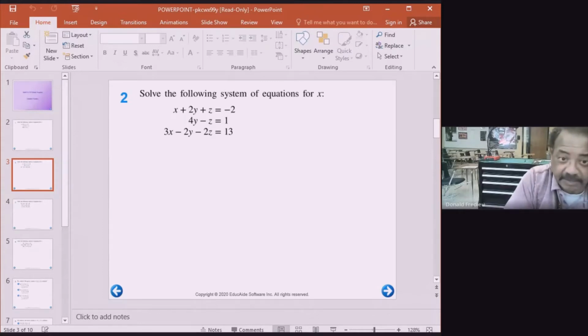Did I write that correctly? X plus 2y plus z equals -2, 4y minus z equals 1, and 3x minus 2y minus 2z equals 13.